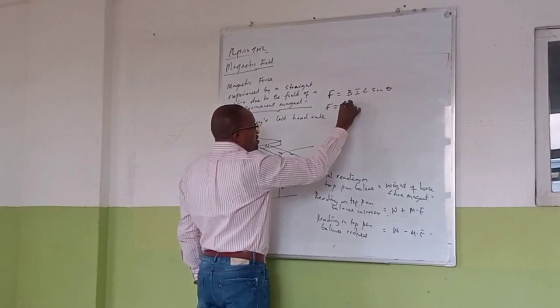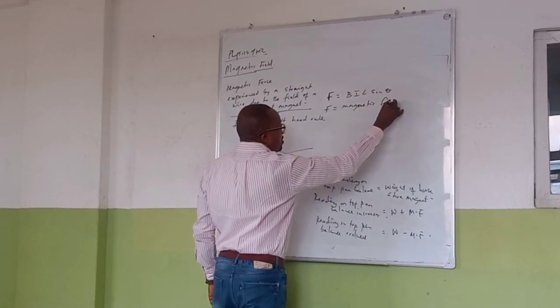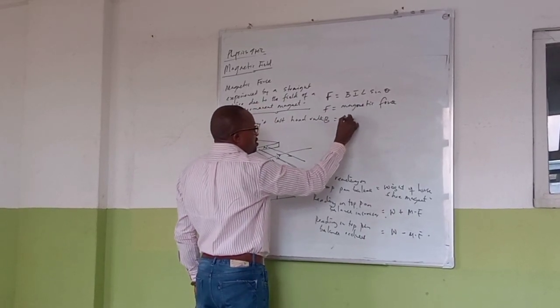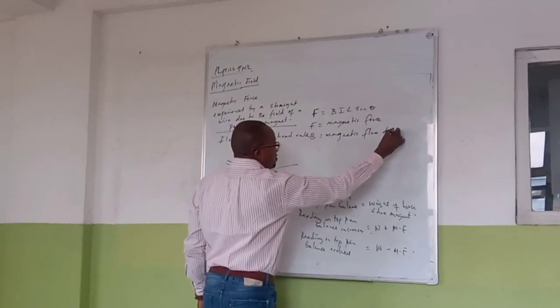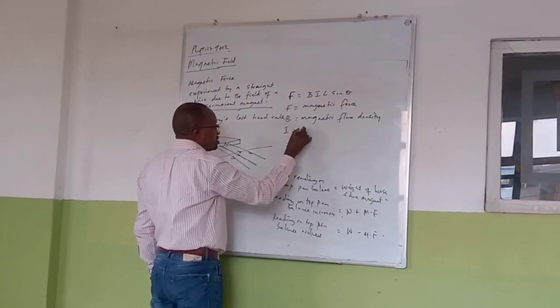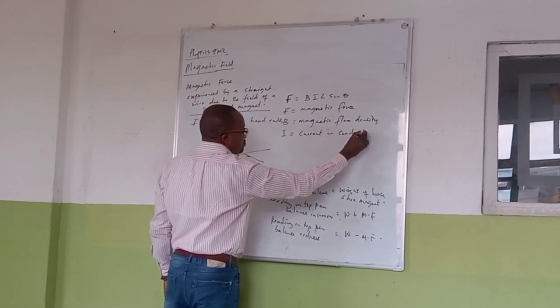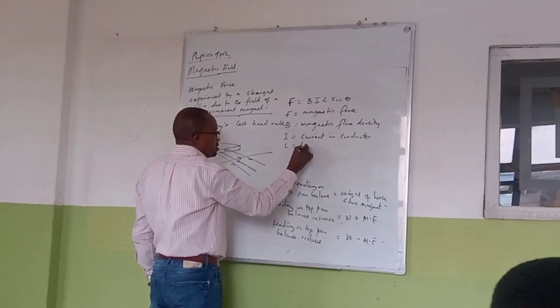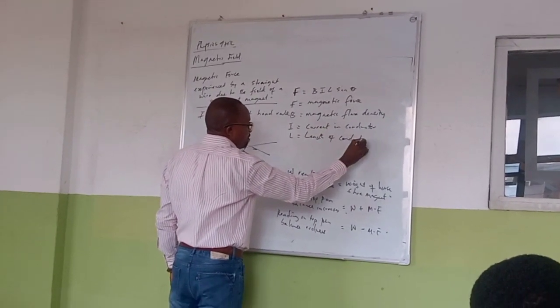So F is the what? Magnetic force. B is the what? Magnetic flux density. I is the what? Current in the conductor. L is the what? Length of the conductor.